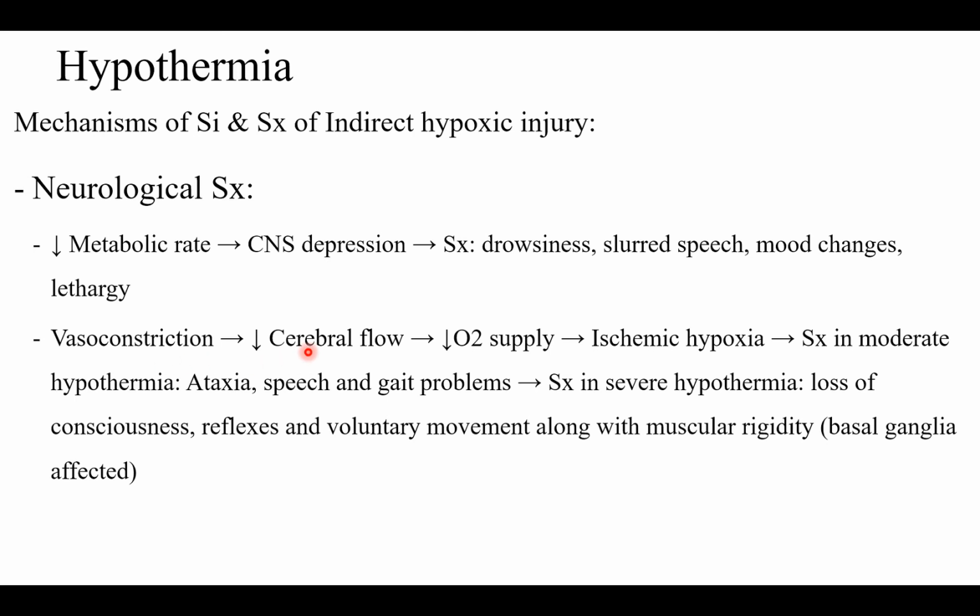Vasoconstriction causes a decrease. Initially, the body wants to conserve heat, as we already talked about in previous videos. The body wants to conserve heat by doing vasoconstriction, and that decreases cerebral blood flow, decreases O2 supply, and causes ischemic hypoxia. This leads to symptoms in moderate hypothermia, such as ataxia, speech, and gait problems.